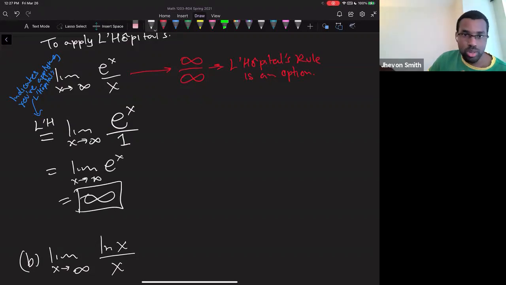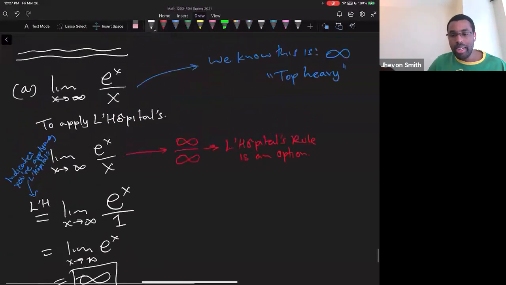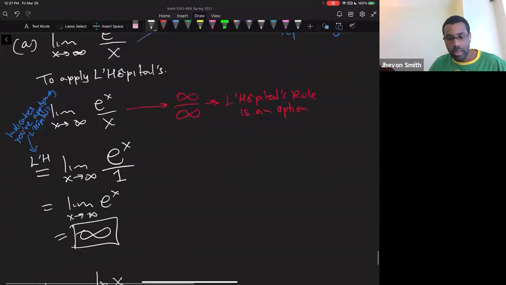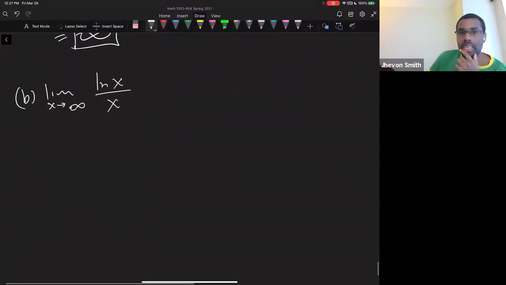Now, for something like this, I wouldn't use L'Hopital's because it is literally something that you should be able to look at and in a few seconds know the answer because exponentials grow faster than polynomials. Similarly here, what is the answer?